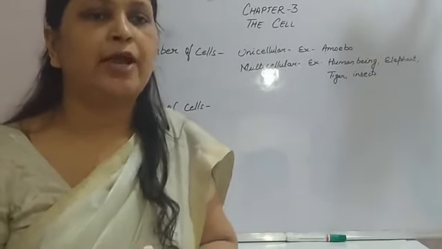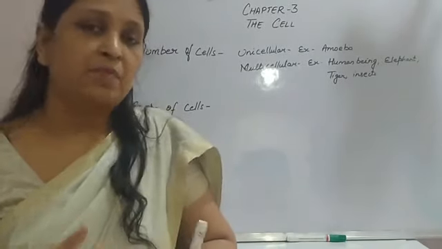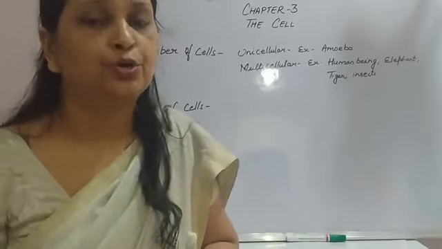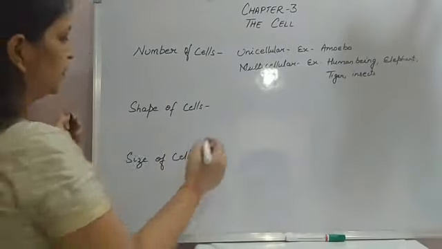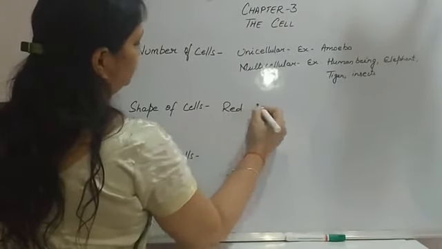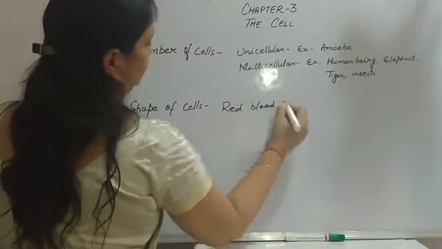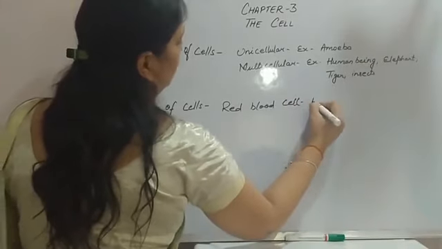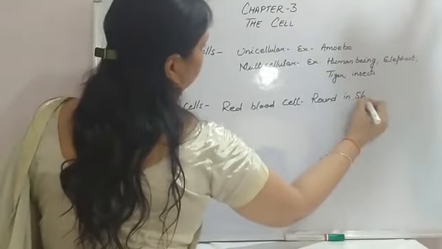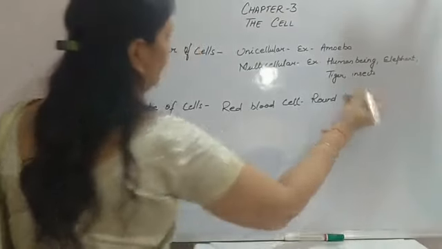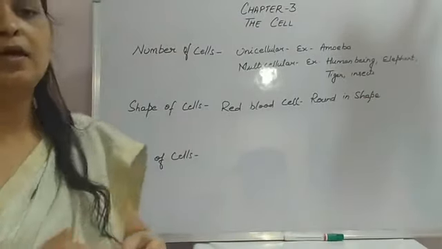One is the red blood cell. Red blood cells are present in the human body. They are round in shape. Then nerve cells.